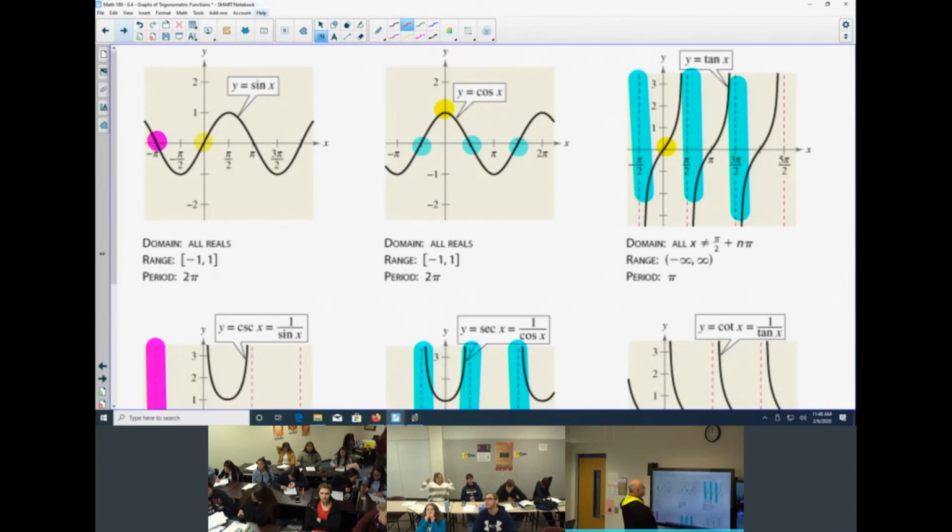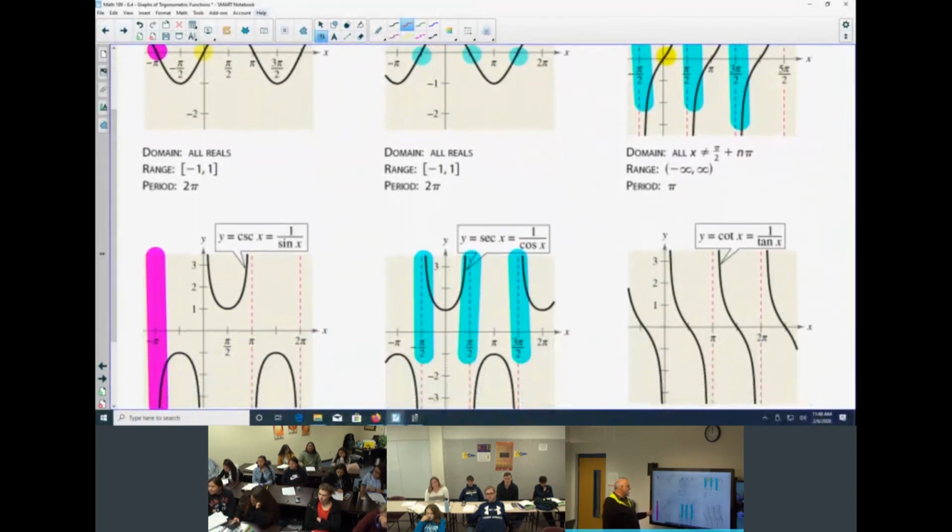Just briefly, this is a quick review of the graphs of the 6 trig functions. Sine and cosine look very similar. The main thing is that sine starts at the origin, cosine starts at 0, 1.